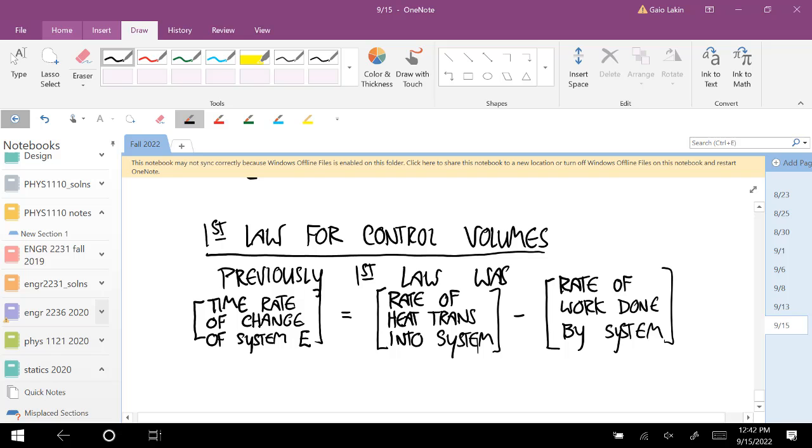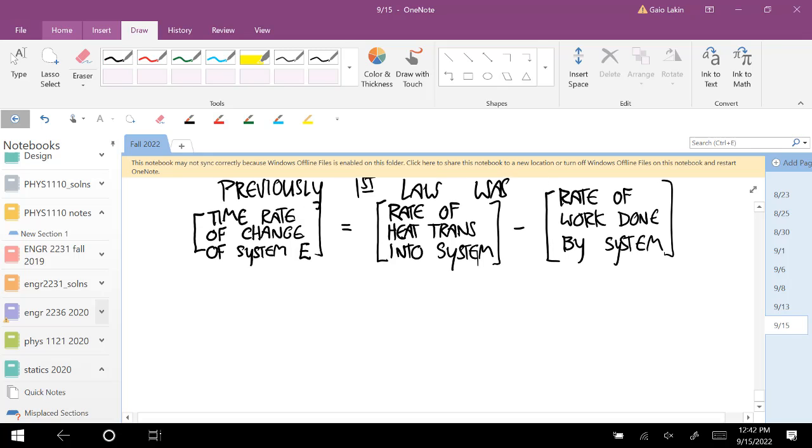So now we have to deal with the fact that energy comes in and out with the material as the material moves in and out. So now we have to change to a form like this. We still have the time rate of change of system energy.